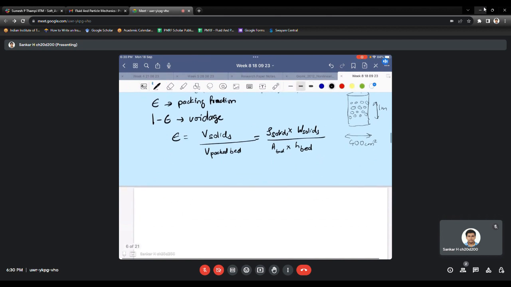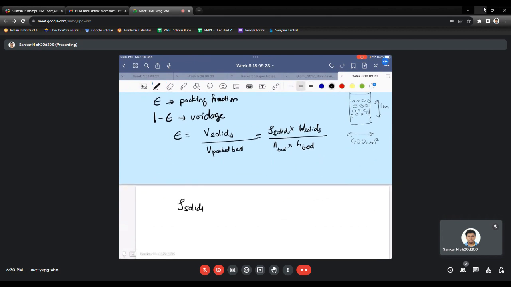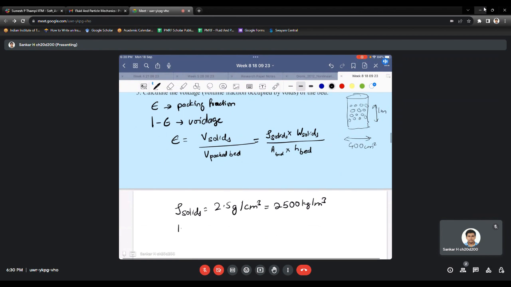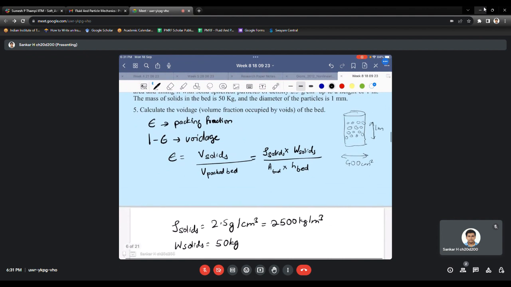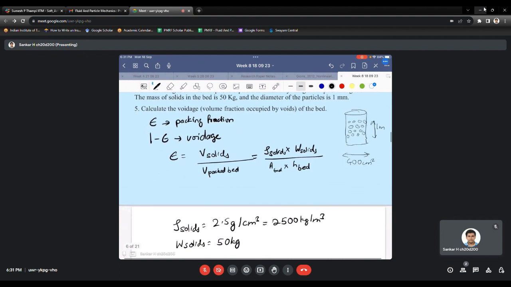So we know that the density of the solids is 2.5 gram per centimeter cube, which is 2500 kilogram per meter cube. The weight of solids is 50 kilograms. Sorry, this is W by rho.